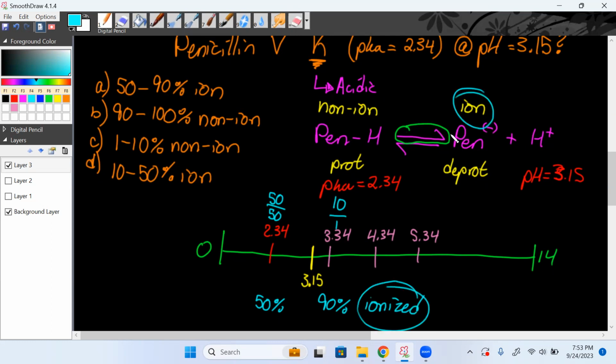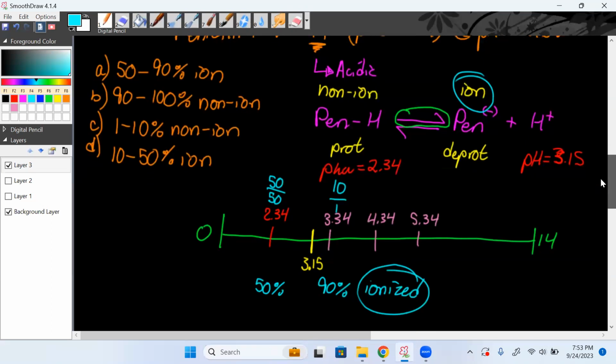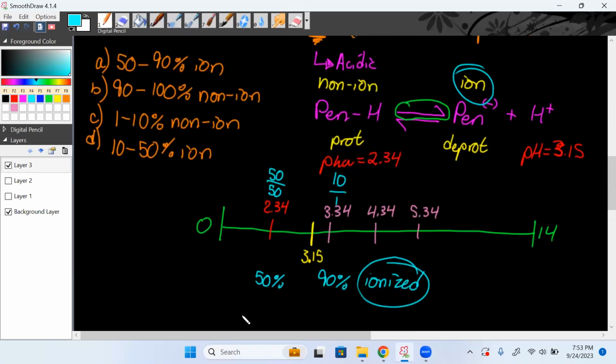Because Mother Nature told us that it's 50 to 90% ionized. What would be the reverse of this is saying 10 to 50% non-ionized. These are both true statements, right? Because one is accounting for what Mother Nature is choosing, the other is for what Mother Nature is not choosing.